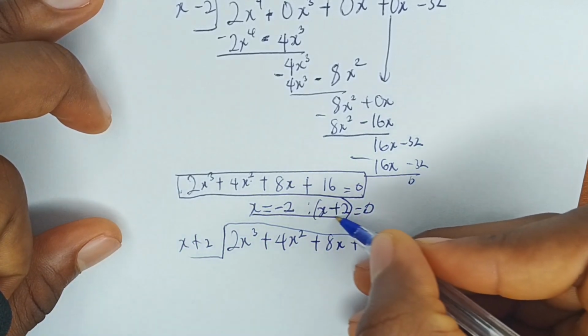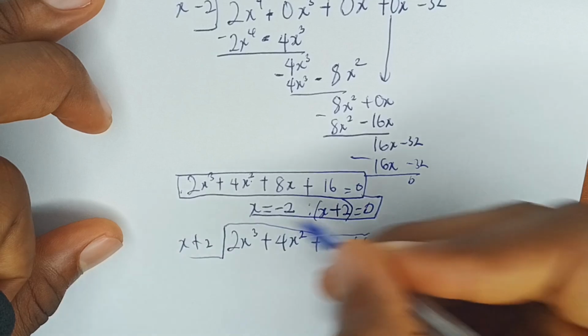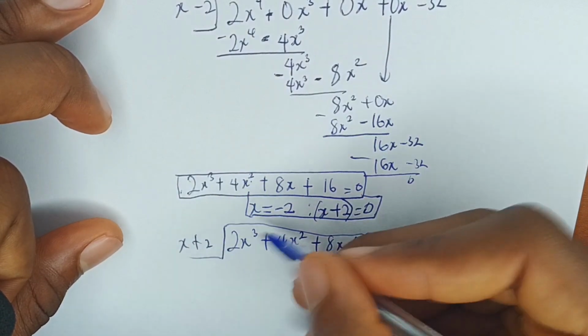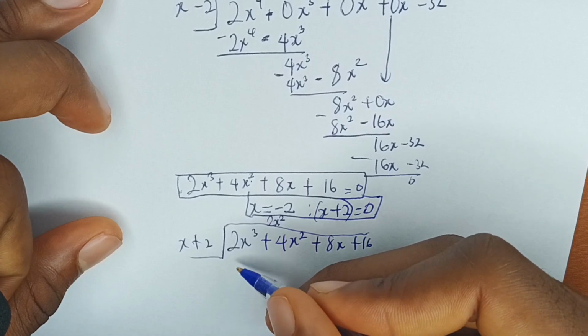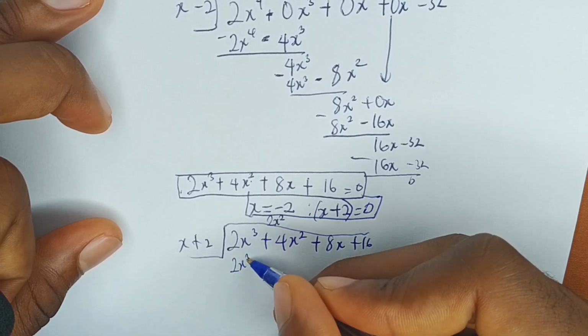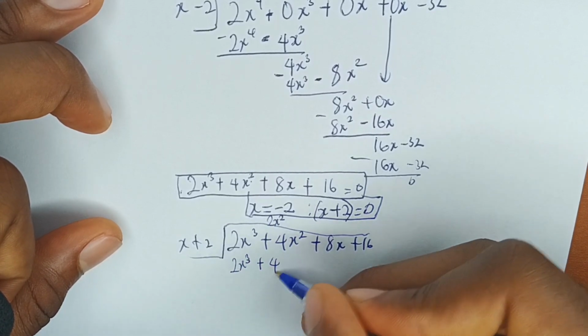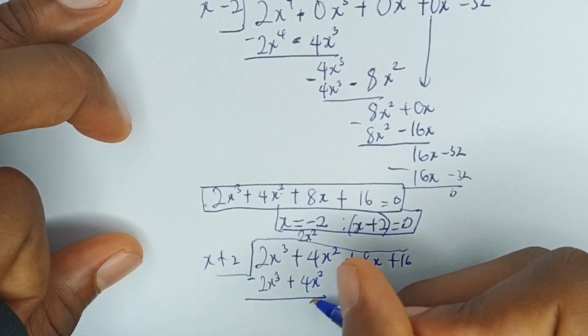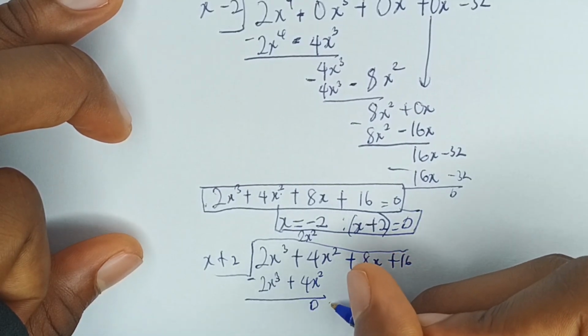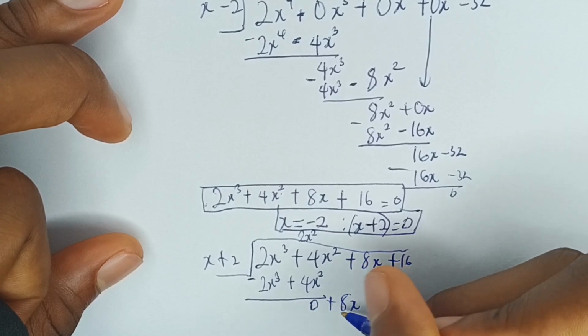Alright. Now, what can we see from here? x into this is 2x squared. And then we have here 2x cubed plus 4x squared. Subtracting, we have 0. And then we have plus 8x.